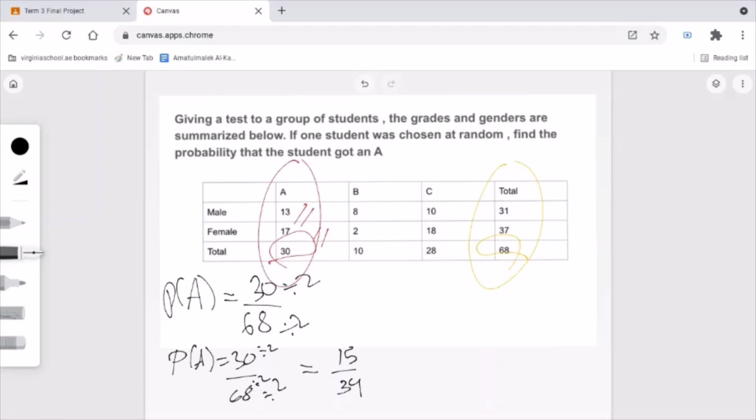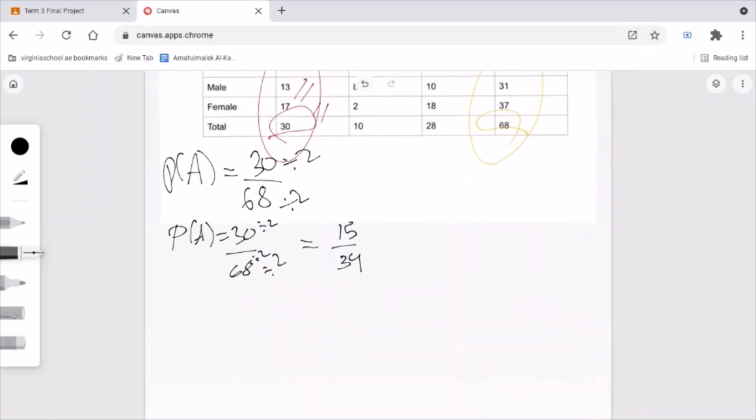Let's also give the probability as a decimal, and even though it doesn't ask for it, as a percentage. To convert the fraction to a decimal, we will divide 15 by 34. Let's round this to 4 decimal places, approximately 0.4412. So let's also write this as a percentage.